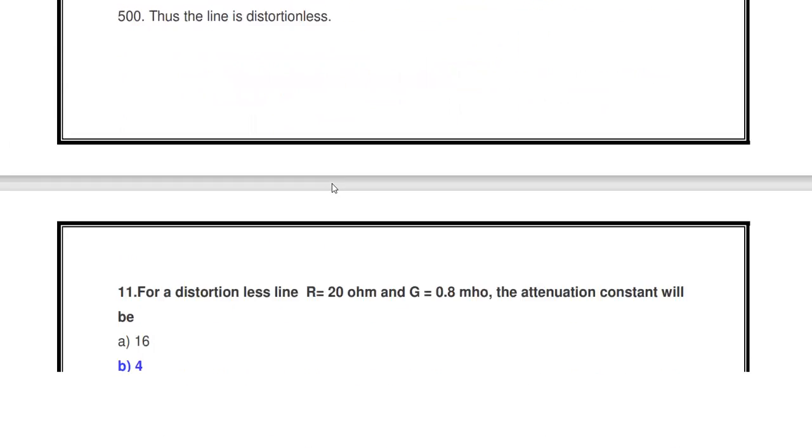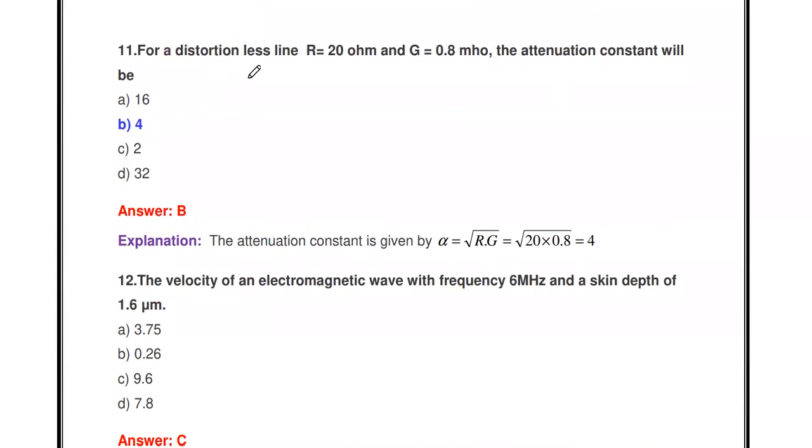Okay. Similarly, the next question, for a distortionless line, R equal to 20, G equal to 0.8 mho. Then what is the attenuation constant? For a distortionless line, the attenuation constant alpha is reduced to the square root of R into G. So you just substitute the values of R and G. R is 20, G is 0.8.